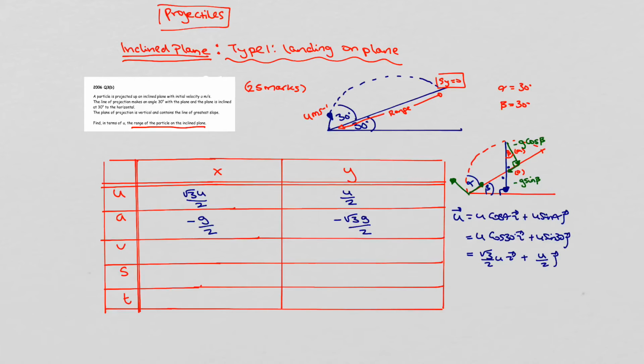Okay, so we know that v is equal to u plus at. So therefore v in the x direction is u plus at. And v in the y direction, again, is u plus at. S in the x direction is ut plus a half at squared.